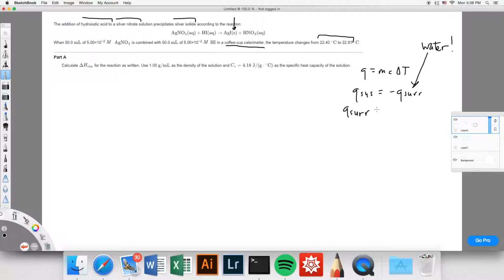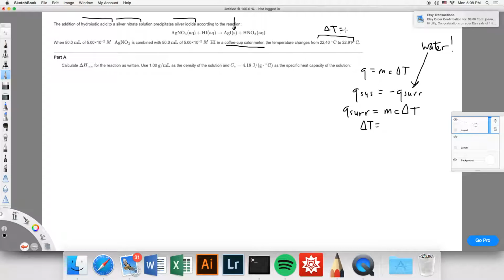All right, so Q of the surroundings, that's the water, so it's going to be the mass of the water times the specific heat capacity of the water times the delta T of the water, okay? So delta T, we can see, is right here.